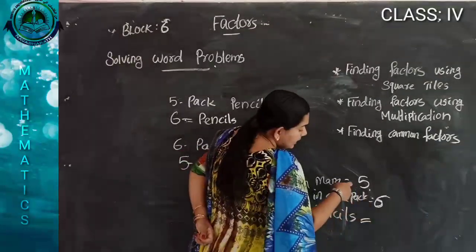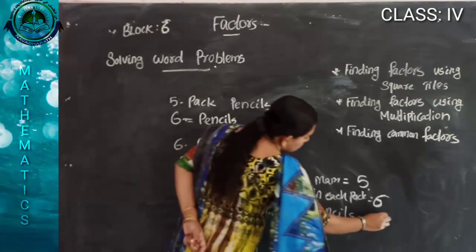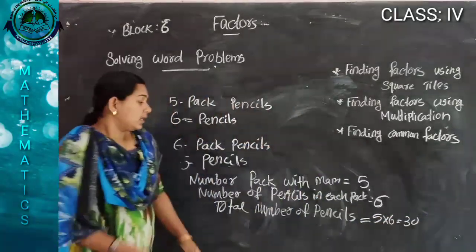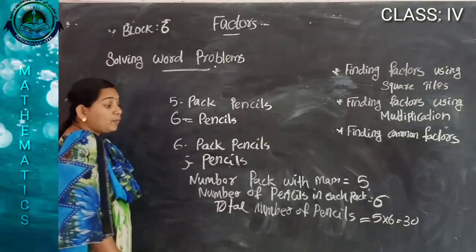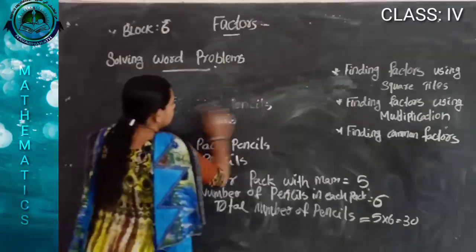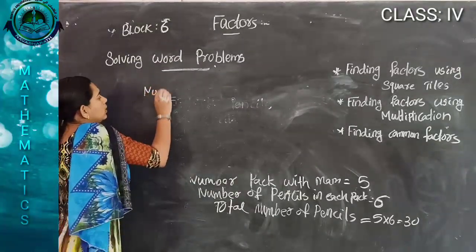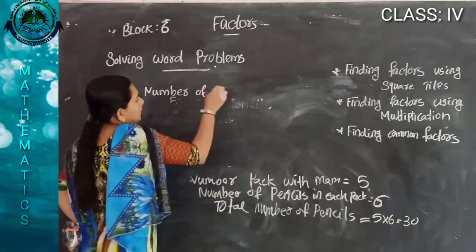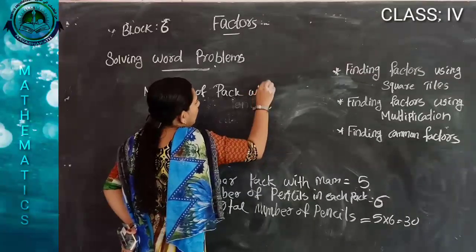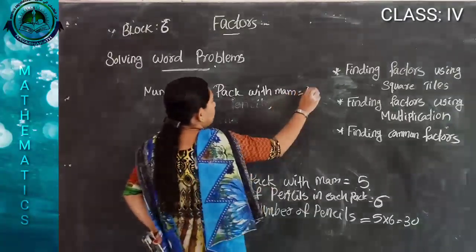How do you find it? Yes, I have 5 packs of pencils. Each pack contains 6. Then 5 into 6, 30 pencils. Then next step, number of pencils with Tara. First step, number of packs with ma'am, 5.